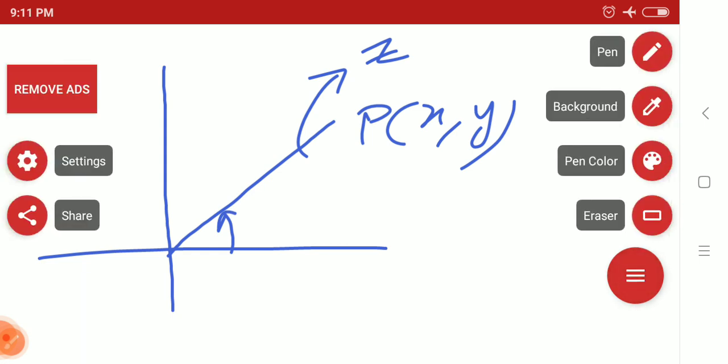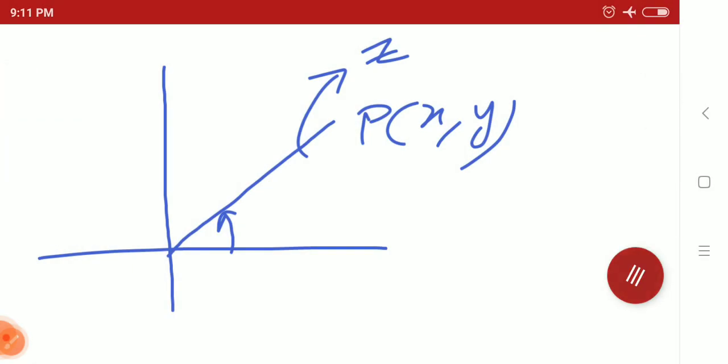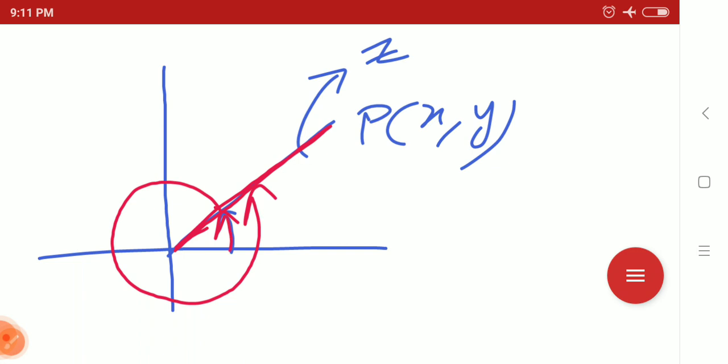If it comes in such a way that it is making this angle, suppose here it is a complex number and here it is making angle pi by 4.